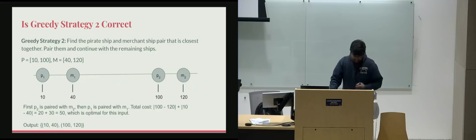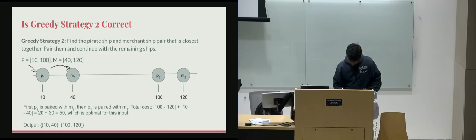So what we are doing here is choosing a pirate ship and merchant ship pair that is closest together, pairing them and continuing with the remaining ships. If we use this approach and look at P1, it is closest to M1, so we have to pair them together.